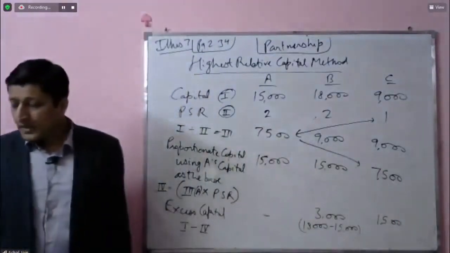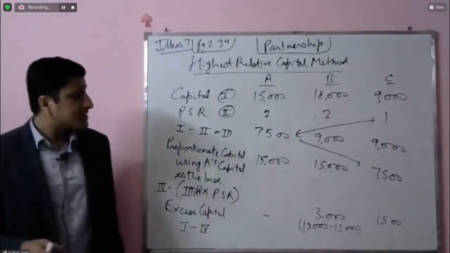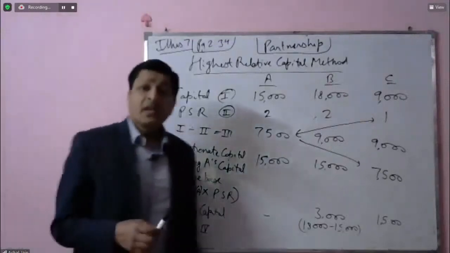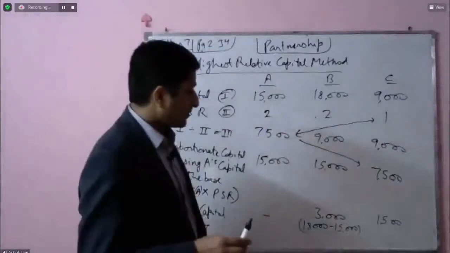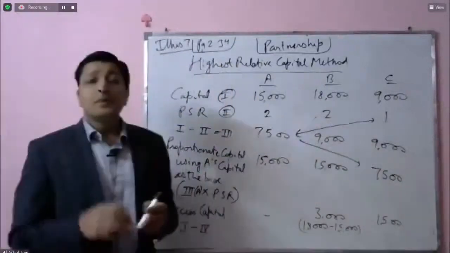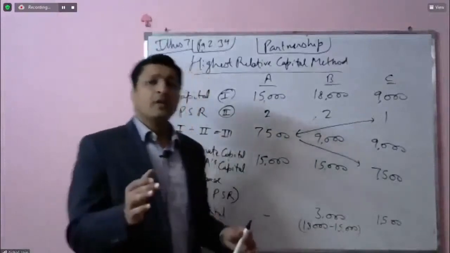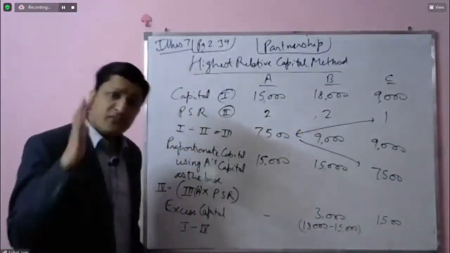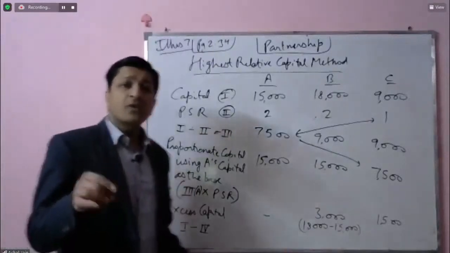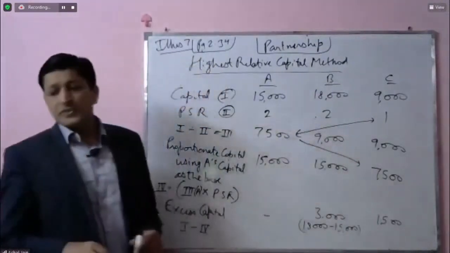Now, in the given case, whenever any distribution will happen, who will be paid first? These two partners. Why? Because they have contributed more capital. So if they have contributed more capital, we will be paying them first of all, to the extent of the amount which they have contributed in excess of their capital, which should have been there as per profit sharing ratio.